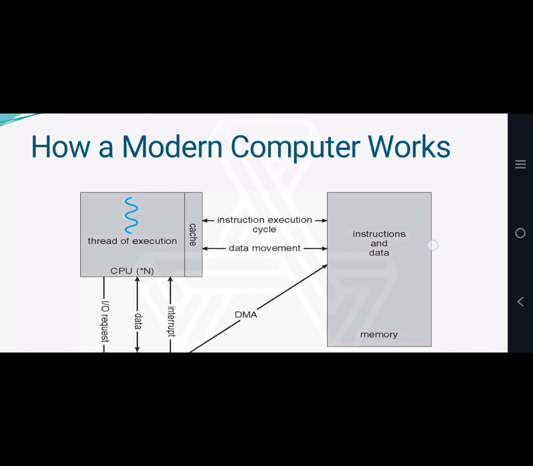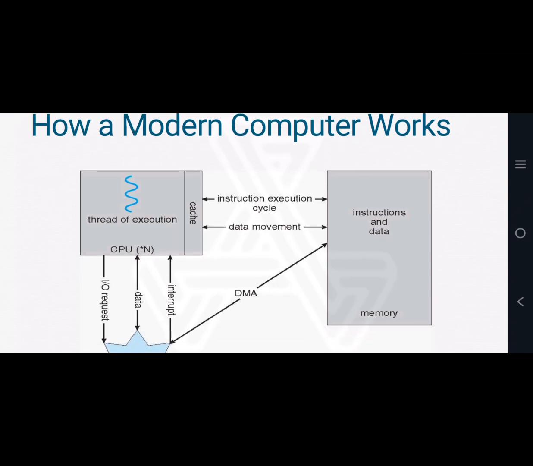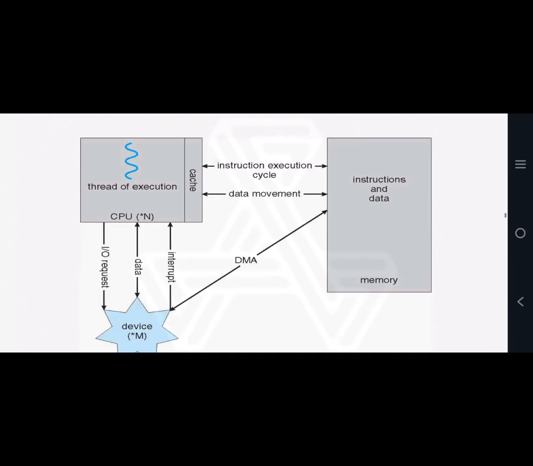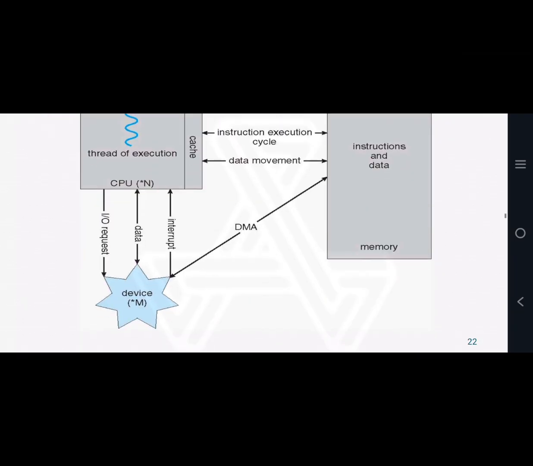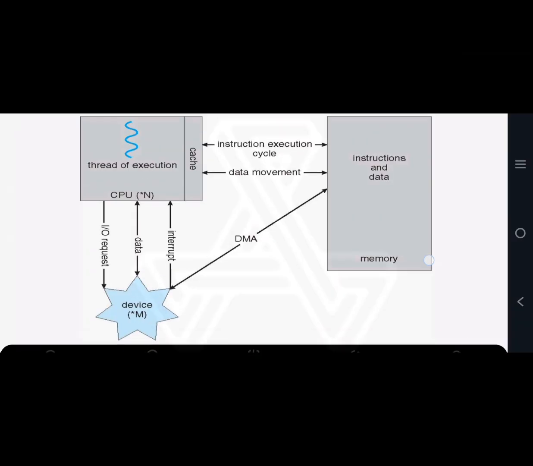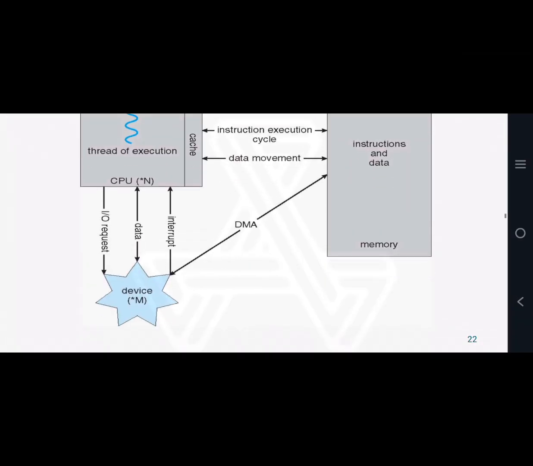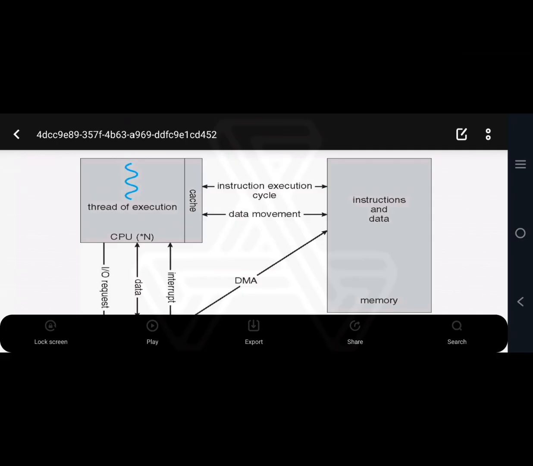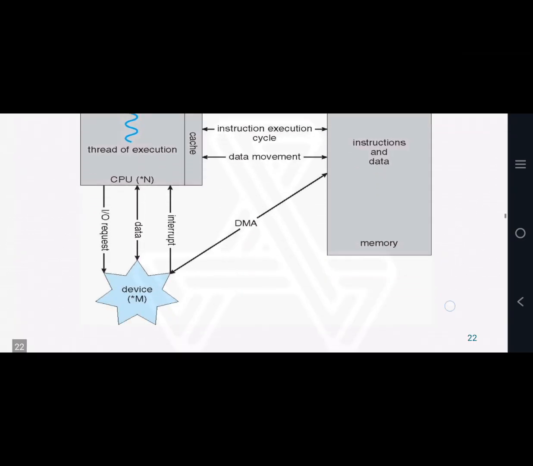How a modern computer works: thread of execution, CPU, cache, device, I/O request, data, interrupt, DMA, instructions and data in memory, cache, the instruction execution cycle, and data movement.